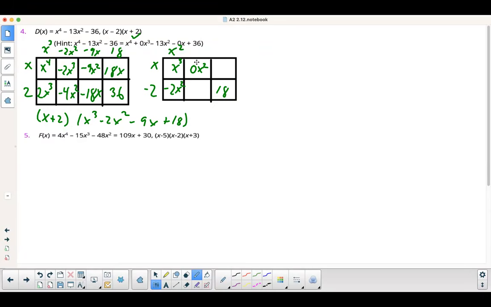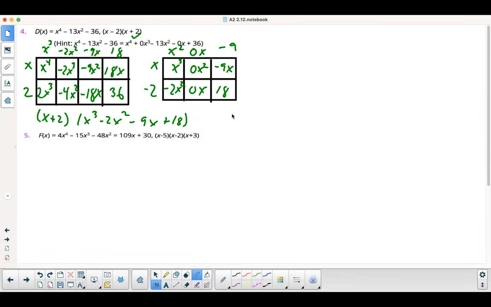So that would be x times 0x. And then when I multiply here, I get 0x here. And this has to add up to negative 9x, so that would have to be a negative 9x. So this would have to be a negative 9. And I double check because it should all equal out to that constant. Negative 2 times negative 9 is 18.